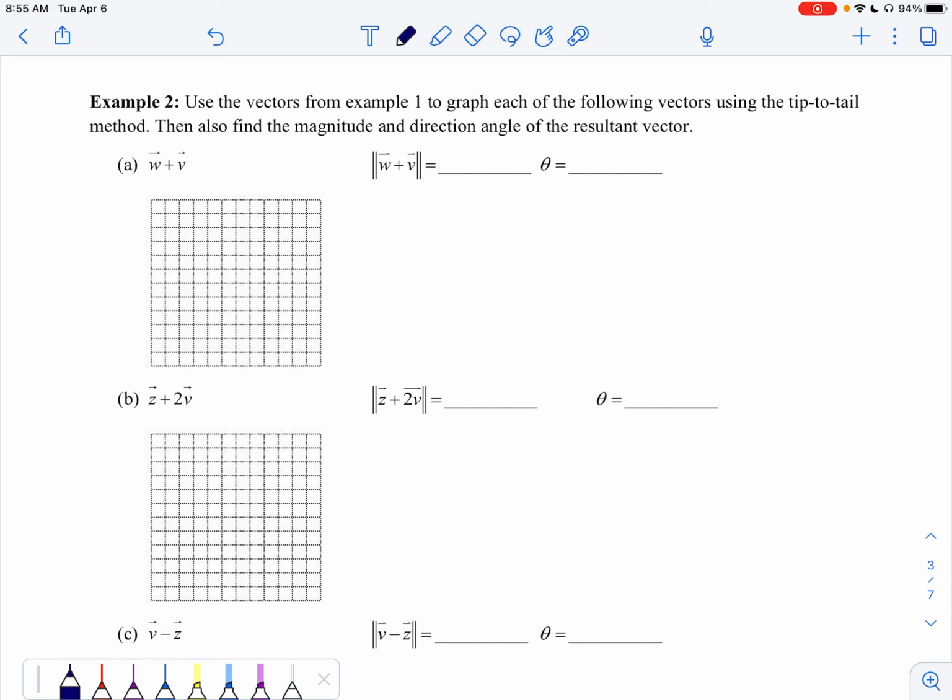All right, so for this example, we're using the vectors from above, and we are going to use our tip to tail method that we discussed above in order to draw out our vectors, and then we're going to find the magnitude and the direction angle of the resultant vector.